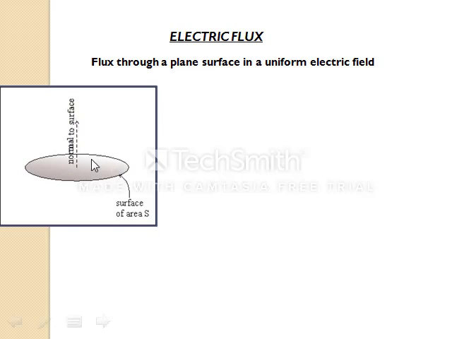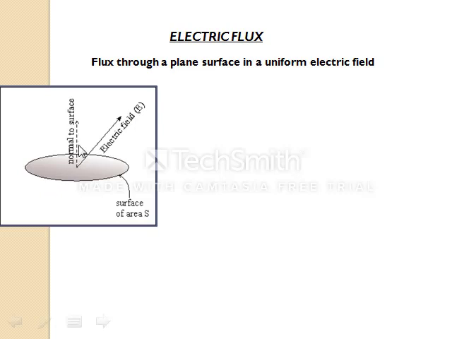Next, we find the field at this point on the surface. We note its direction and its magnitude. Suppose at this point on the surface, this direction shows the direction of the field.